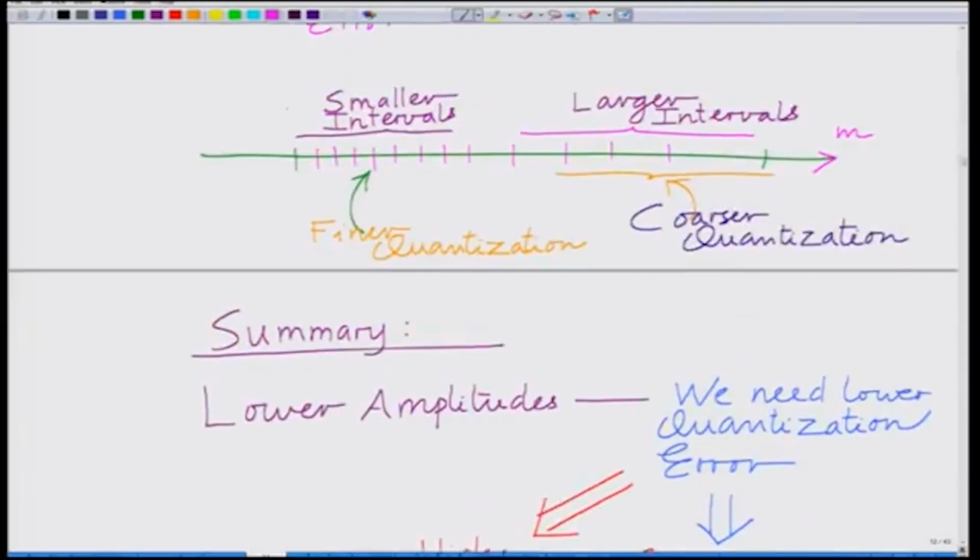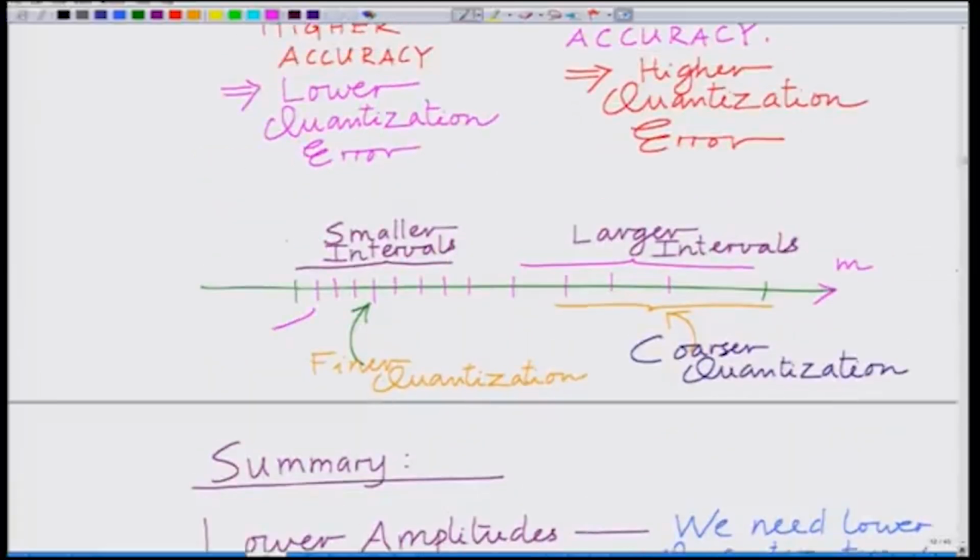if you look at this figure, you can see that the width of the quantization intervals is not uniform.